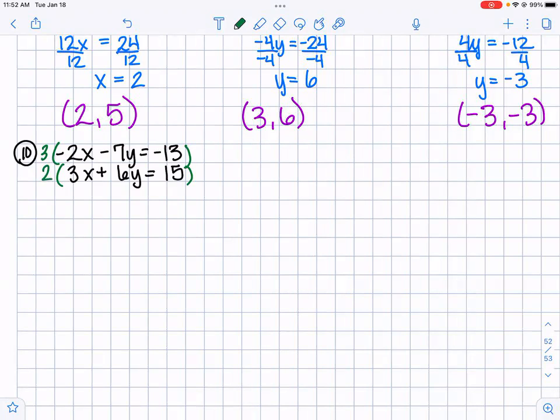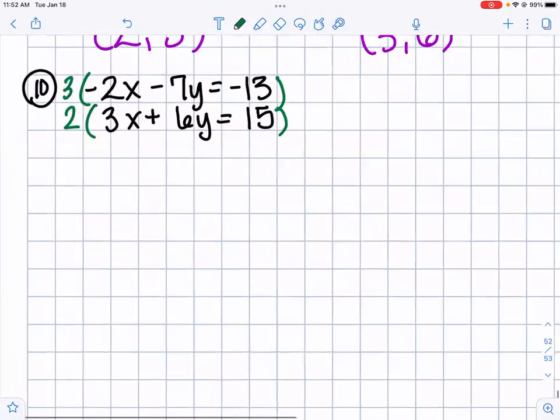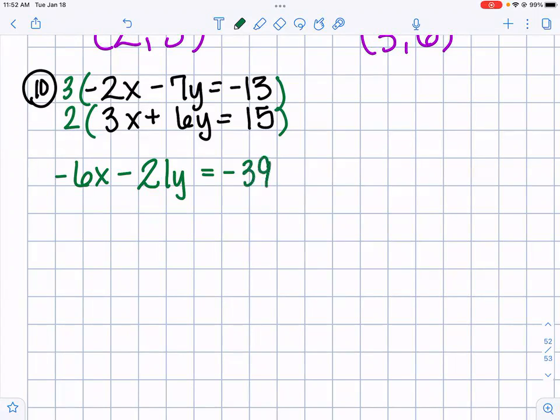Okay, so if we take the entire top equation times 3, 3 times negative 2 is negative 6x, 3 times negative 7 is negative 21y, equals, and negative 13 times 3 is negative 39. So we're taking all the numbers in this top equation times 3.